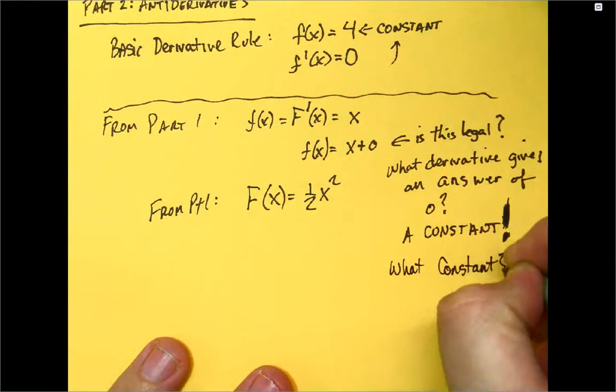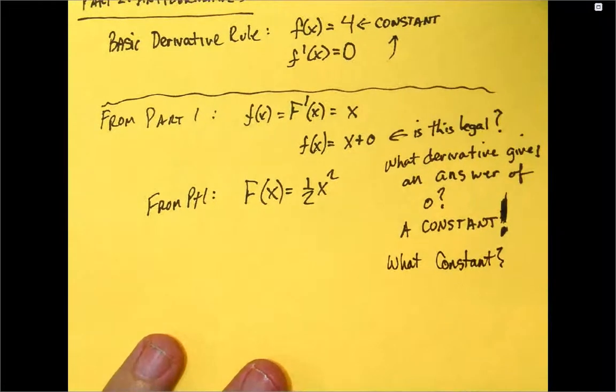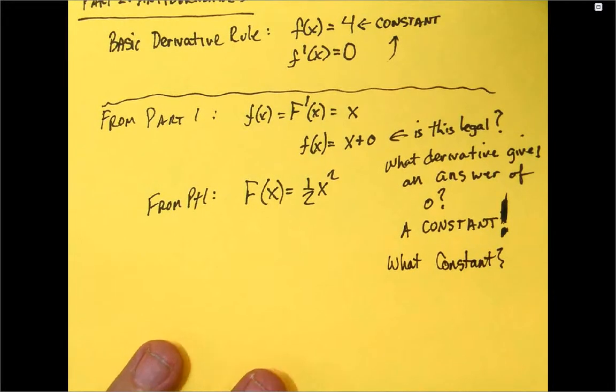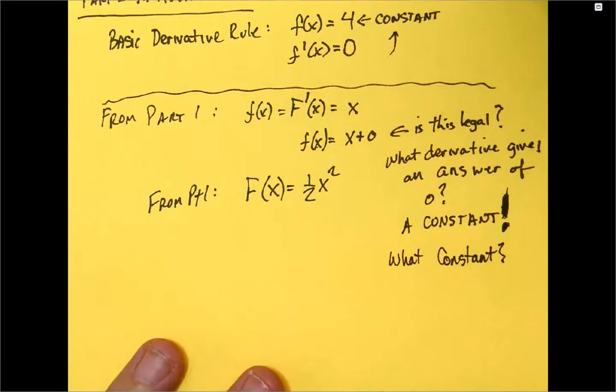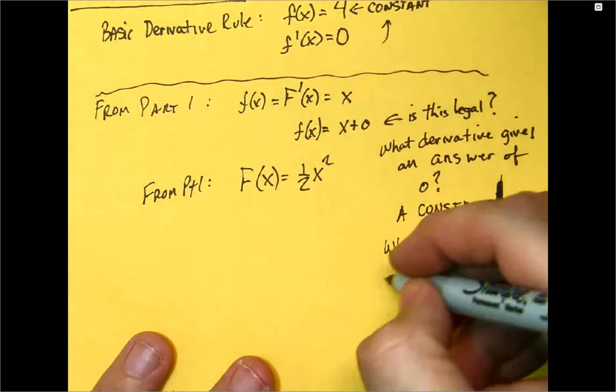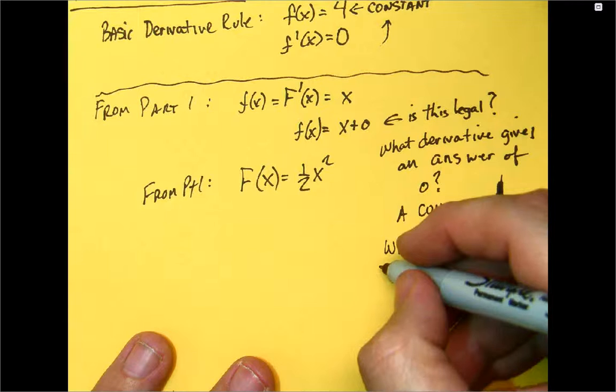Now, here's my question. What constant? Do you know? Is it a 2? Is it a 10? Is it 5,000? Is it 400 billion? We don't know. So, here's what we do.